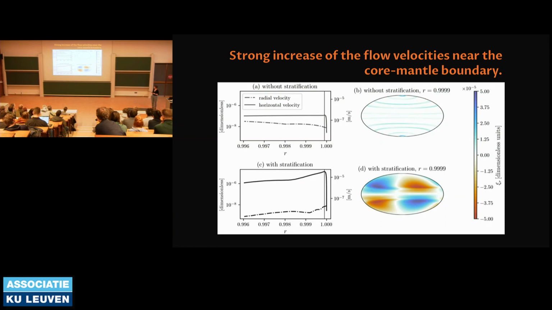Which you can see here, it's actually that in the case with stratification, so that's again on the bottom compared to the top, we have a very strong horizontal flow near the outer boundary. And that makes sense if you remember what I showed earlier, that the stratified layer sort of prevents the radial flow.